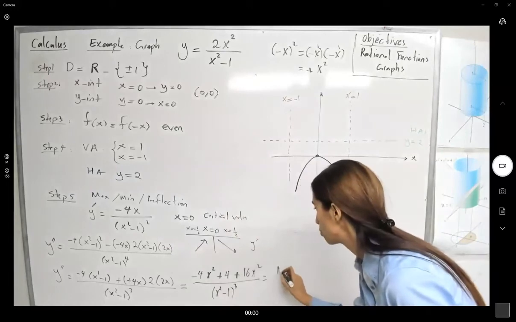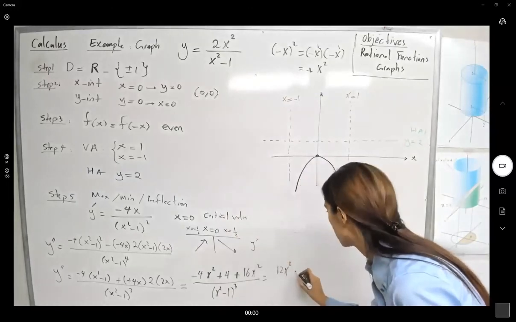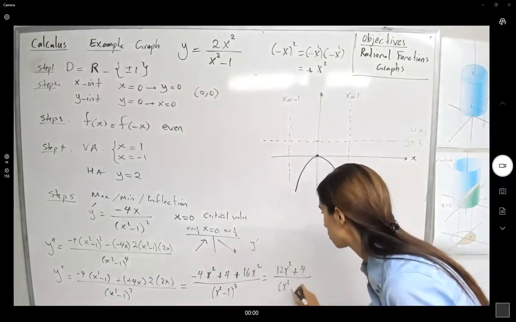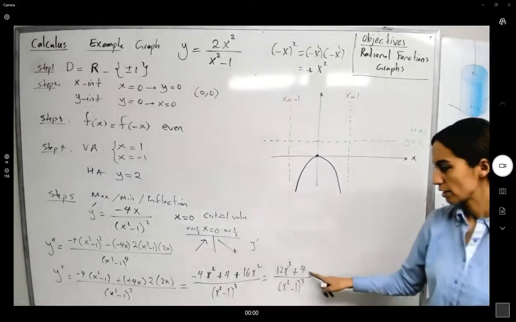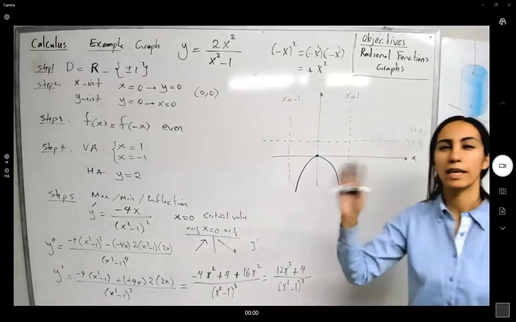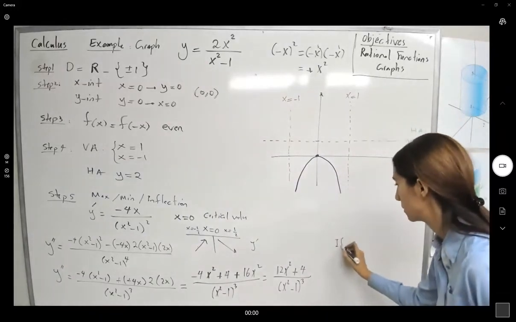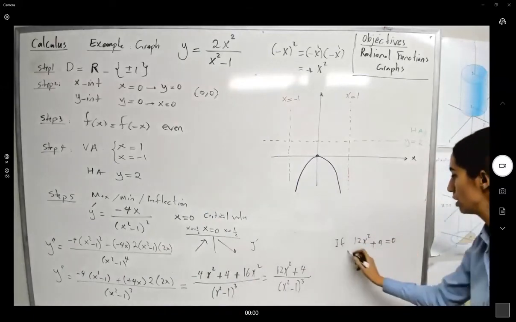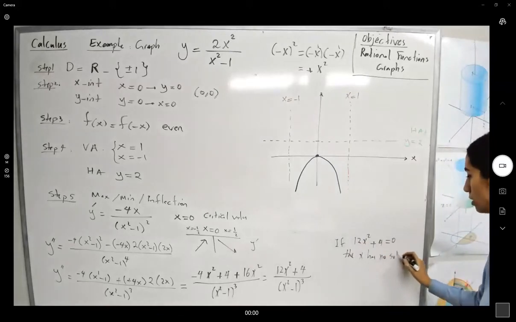This is equal to (12x squared plus 4) divided by (x squared minus 1) to the 3rd power. If you set this equal to 0, you get x squared equals a negative number. If you set 12x squared plus 4 equal to 0, then x has no real solution.